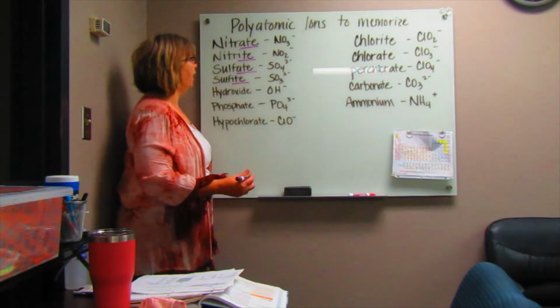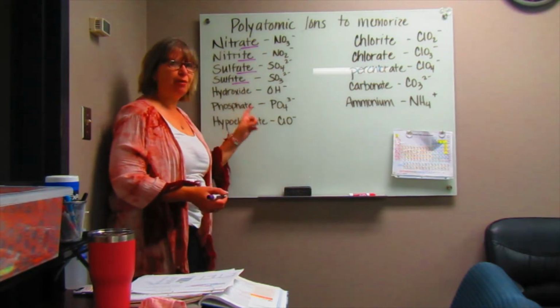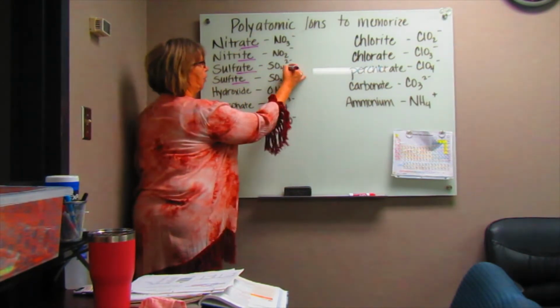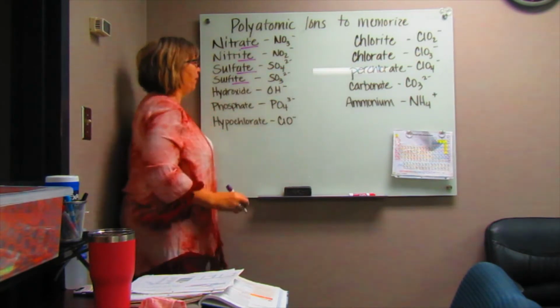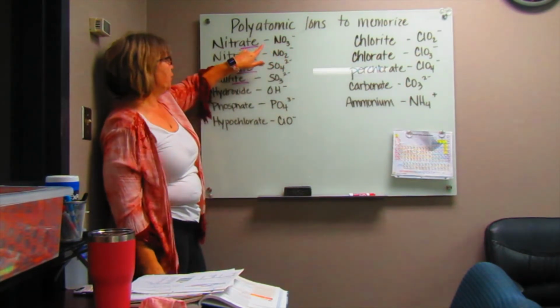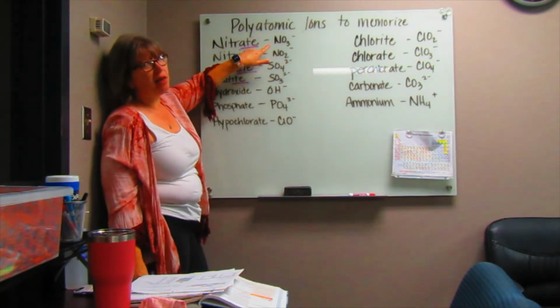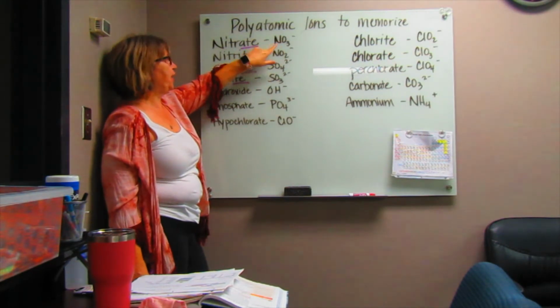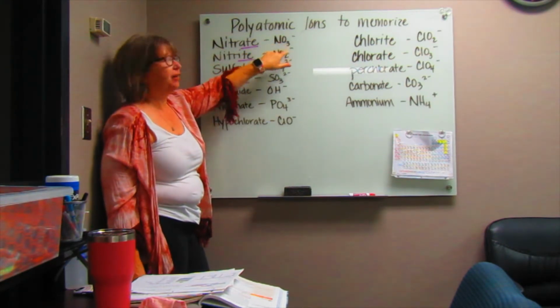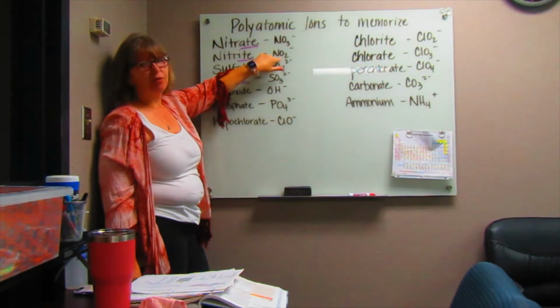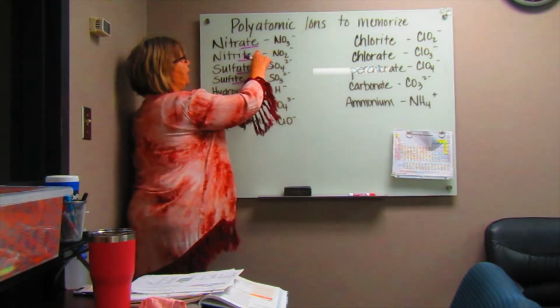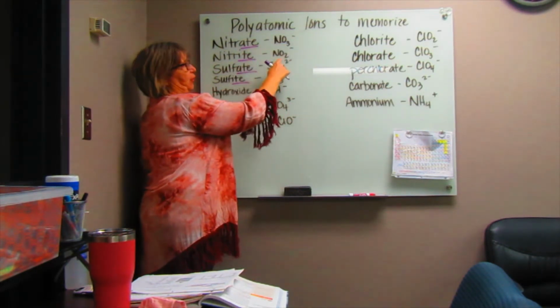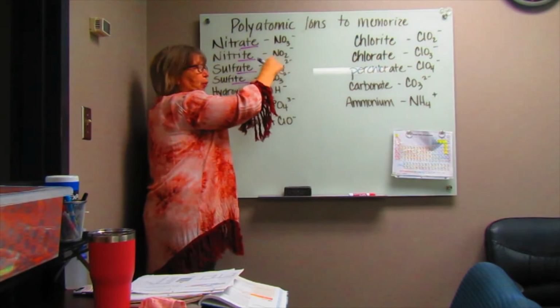One way that I found made it easier to memorize these is to look at the number of oxygen that are in the compound. So you know that if it's an ATE compound, like nitrate, it has more oxygen than an ITE, right? So your nitrate is NO3, where your nitrite is NO2.